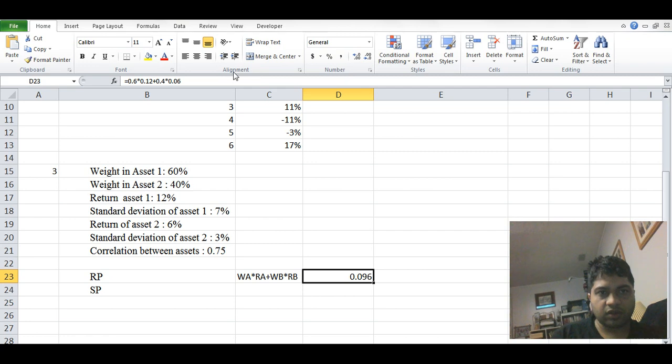So your portfolio return is 9.60%, and that's the answer.